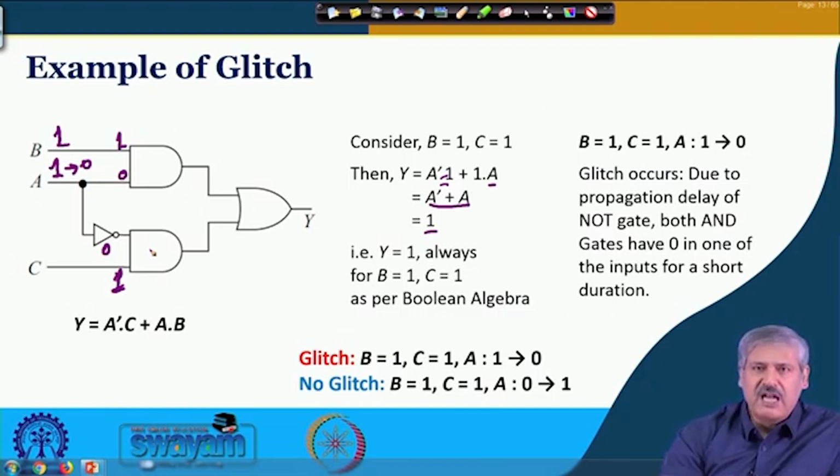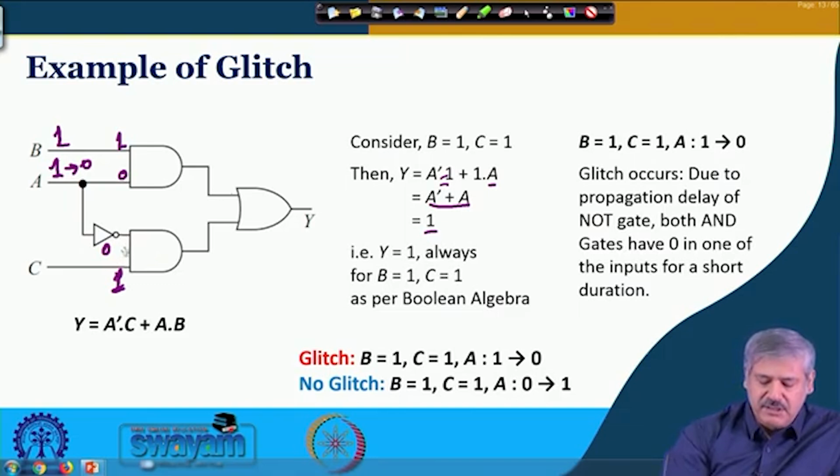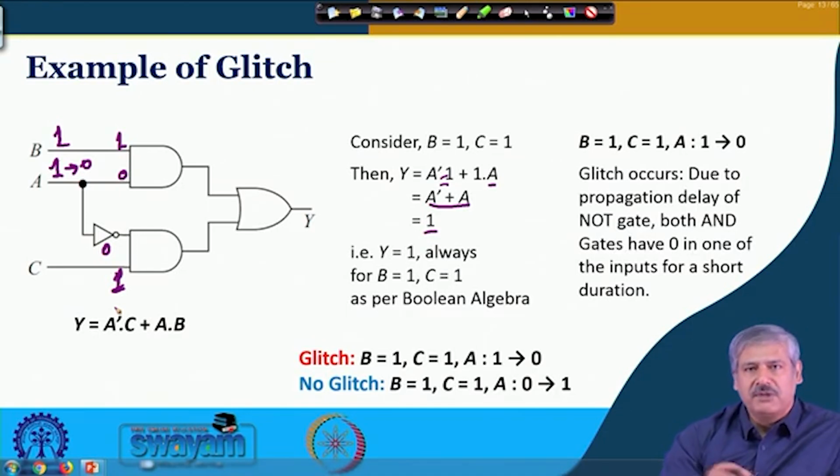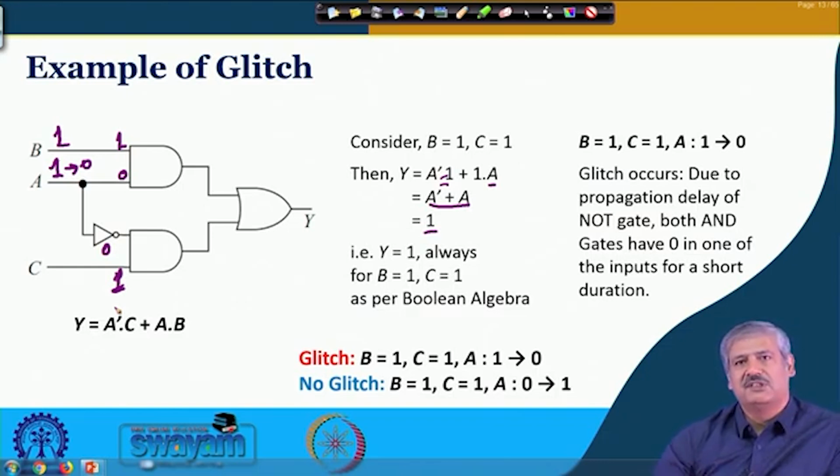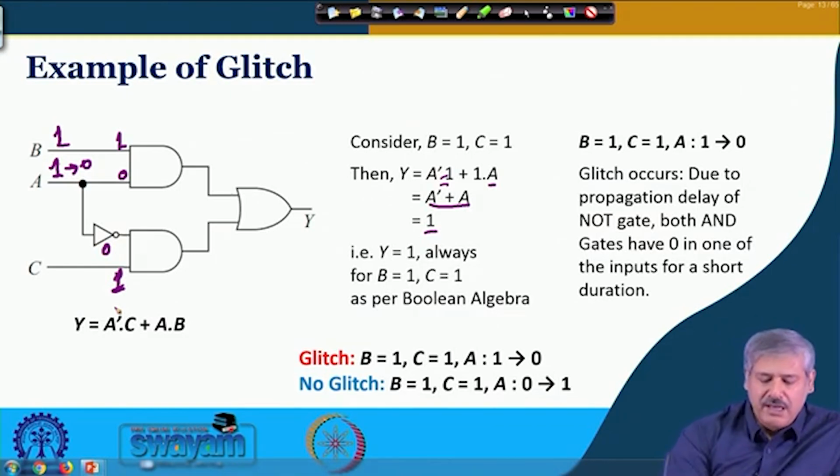So, for that amount of period, for which this NOT gate output goes from logic low to high, that is the propagation delay low to high, at that time this remains at 0. So, this AND gate output is 0, after of course the propagation delay it will get the 0, and this is already 0, right.